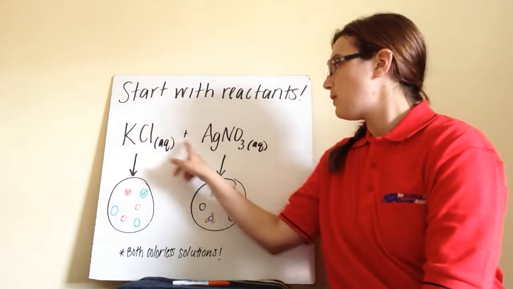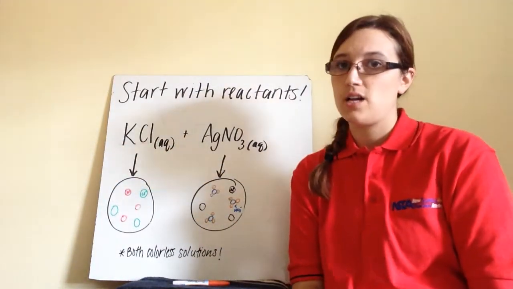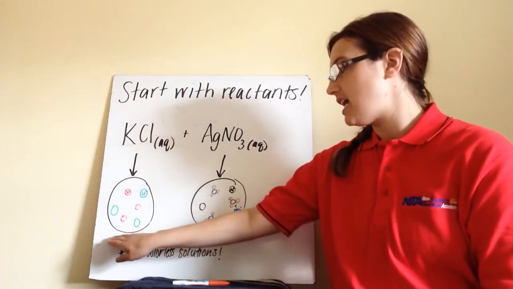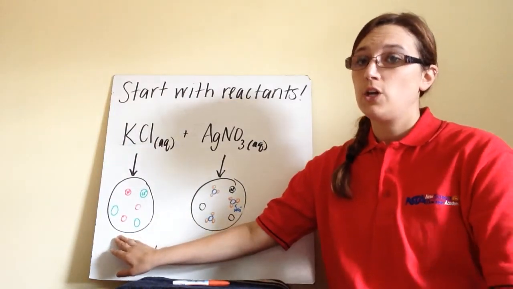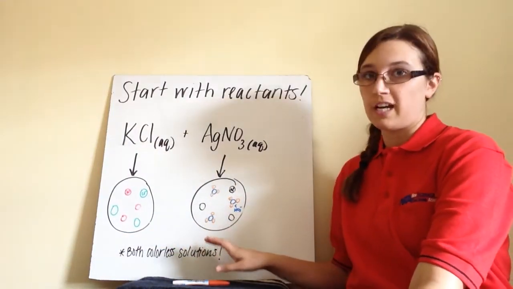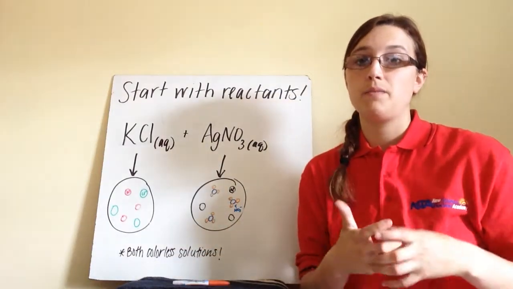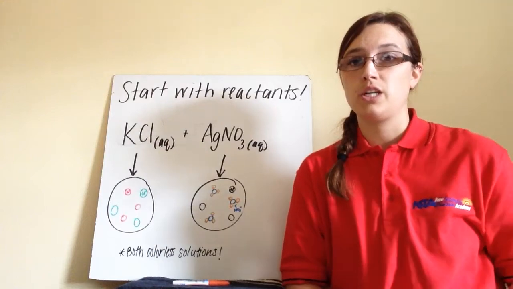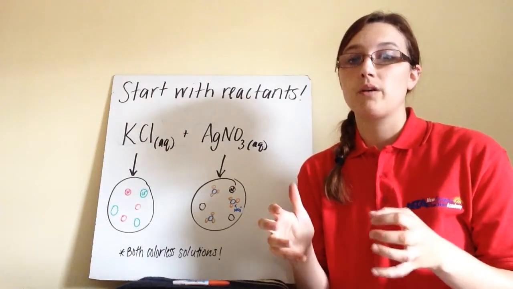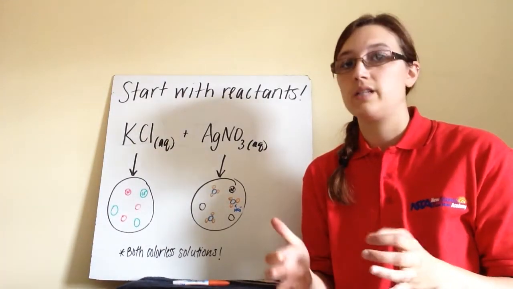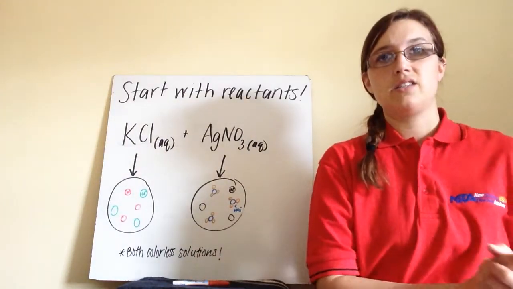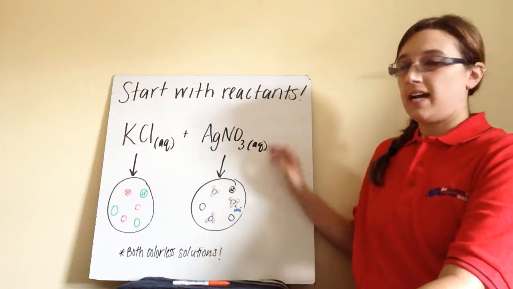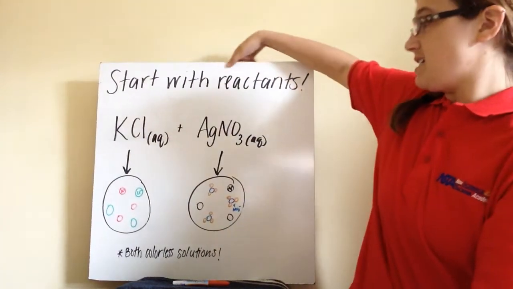Well, if you look up here, KCl and AgNO3 are in a 1-to-1 ratio. That means however many KCl molecules you have, you need the same number of silver nitrate. Okay? You have to keep the ratio the same. We're going to assume that this reaction goes to completion, which means you need equal number of molecules or formula units of KCl as silver nitrate. And so this represents the particle diagrams of our reactants.